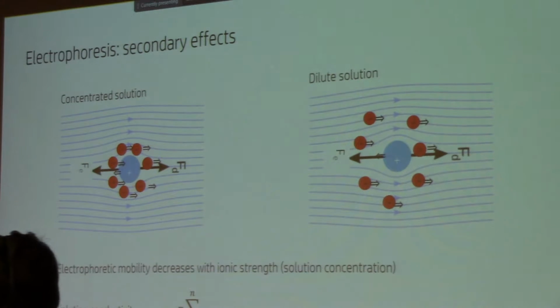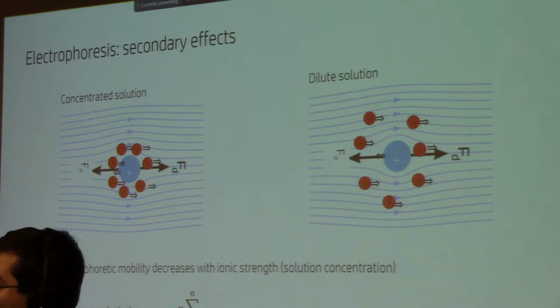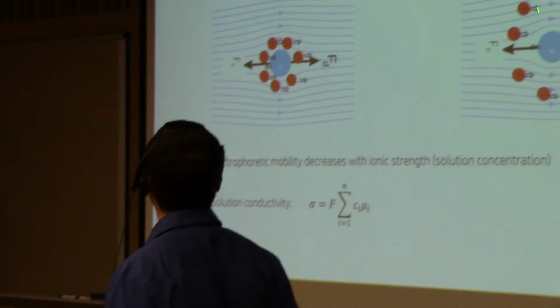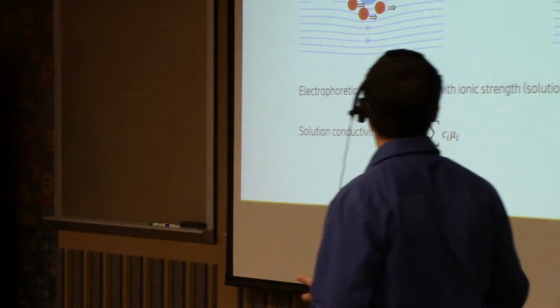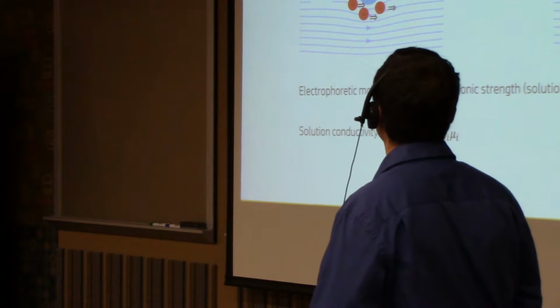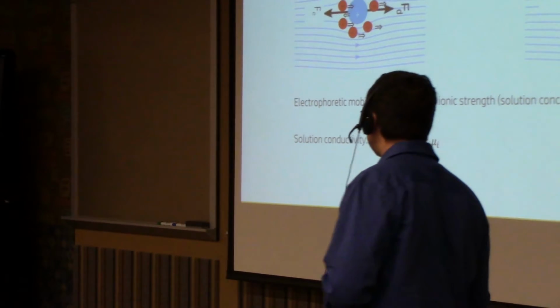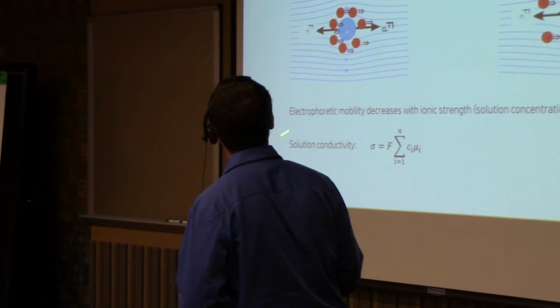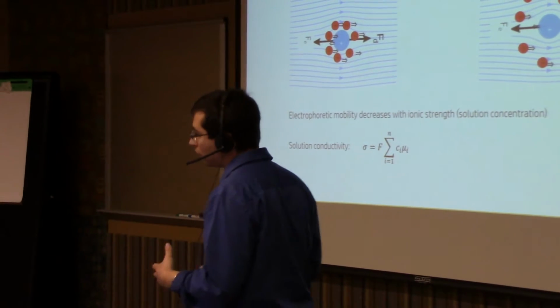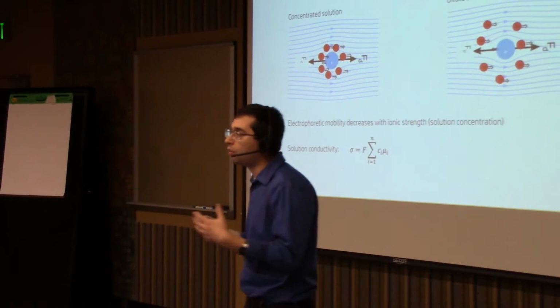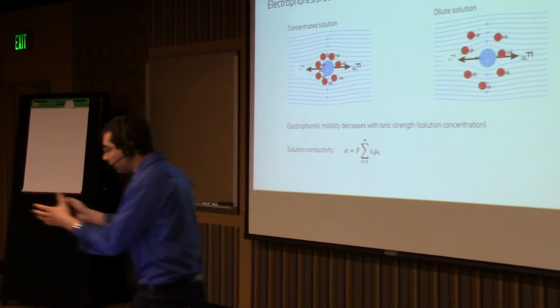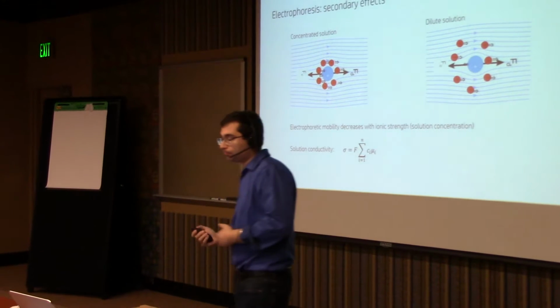So you'd find that the mobility of ions changes with the concentration, and typically it's higher when the solution is more dilute. So this is a secondary effect, but it's an important effect. And it turns out that the solution's ionic conductivity scales with how much current you can carry for a given voltage.